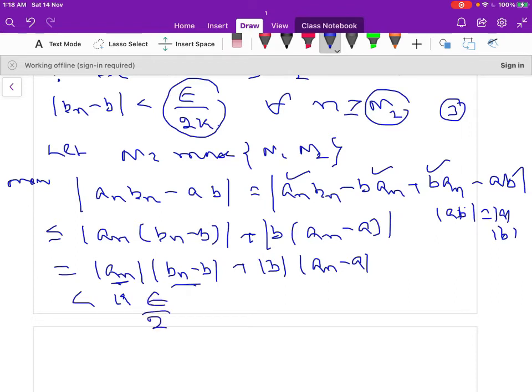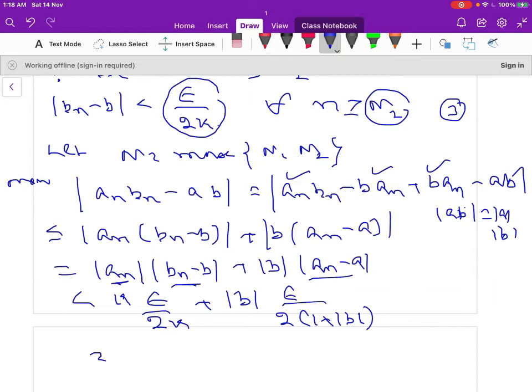Modulus of bn minus b, using equation 3, is less than epsilon by 2 times k, plus modulus of b into modulus of an minus a, that is epsilon by 2 times (1 plus modulus of b).